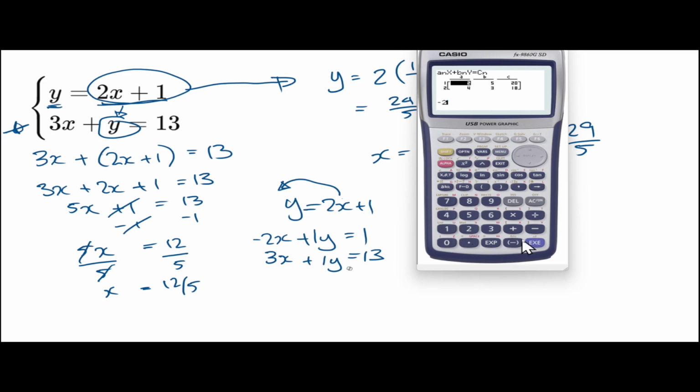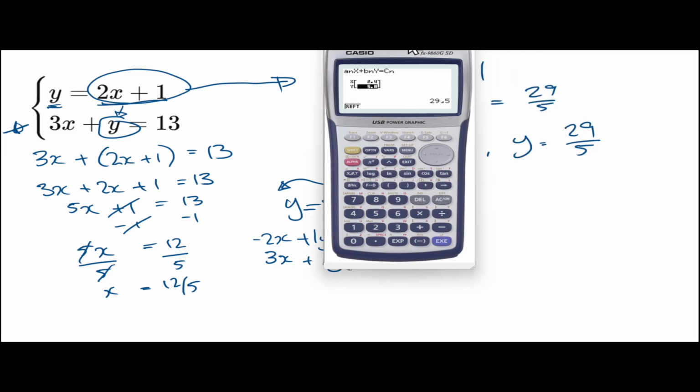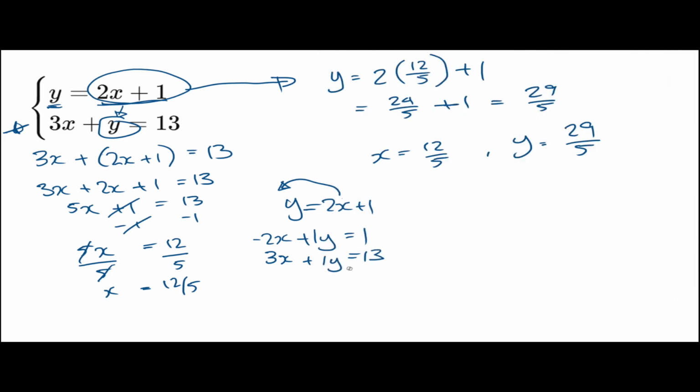Okay, minus 2, 1, 1, and then 3, 1, 13. Solve. Okay, x is 12 over 5, that's what we got, and y is 29 over 5, that's what we got, so our answers are correct.